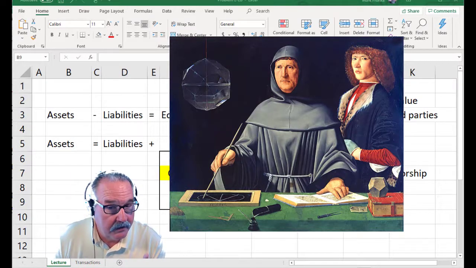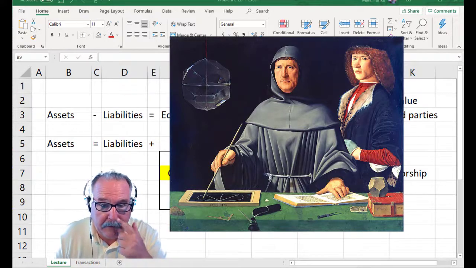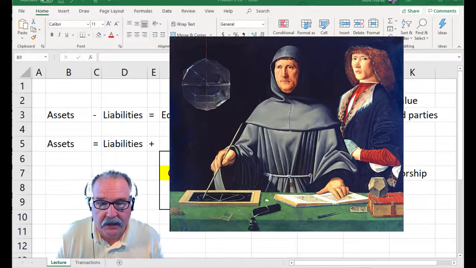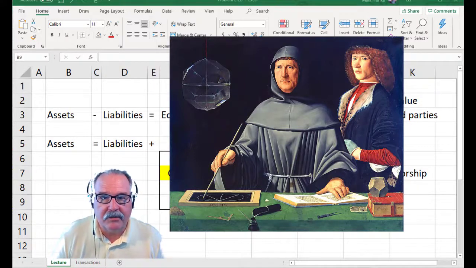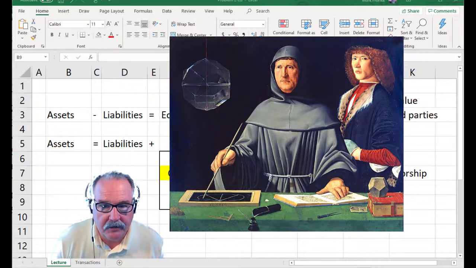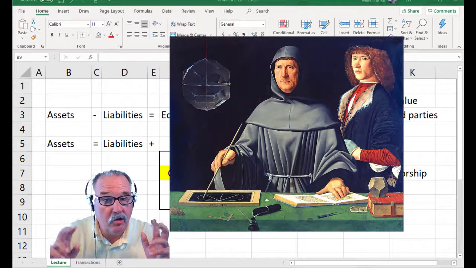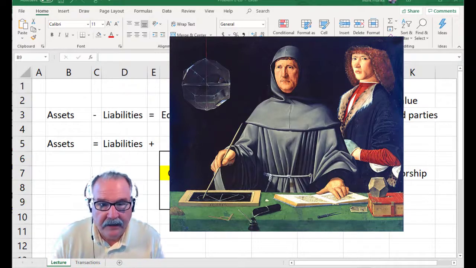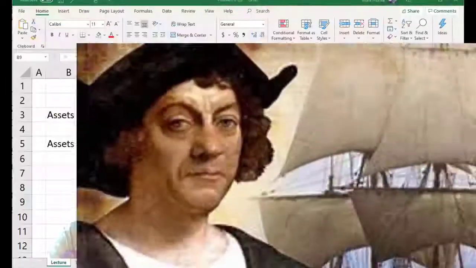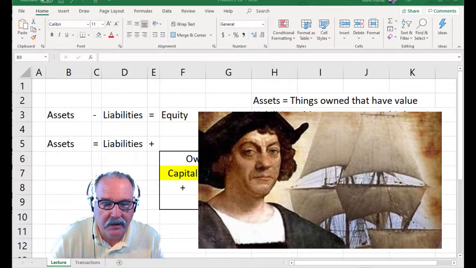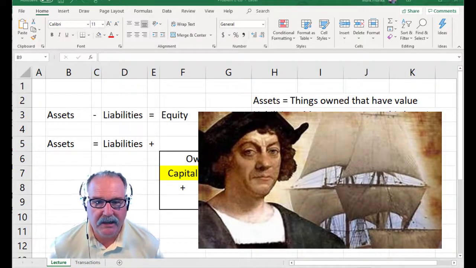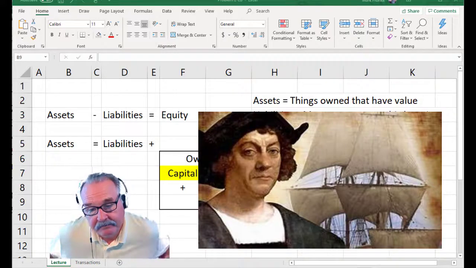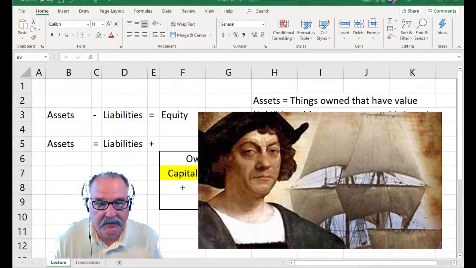In fact, just a little known fact, he trained accountants in Italy, and when Ferdinand and Isabella sent Christopher Columbus across the ocean to discover the New World, they insisted that a Luca Pacioli trained accountant be on board one of the three ships that went, the Nina, the Pinta, and the Santa Maria, and to keep track of the inventory and that stuff.